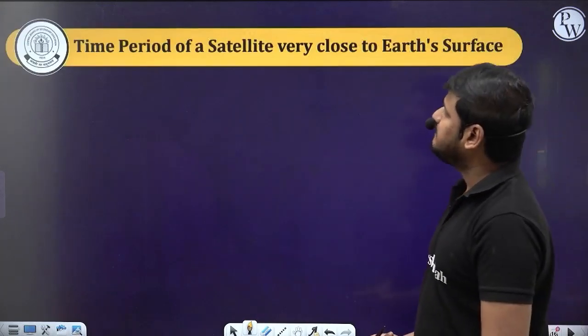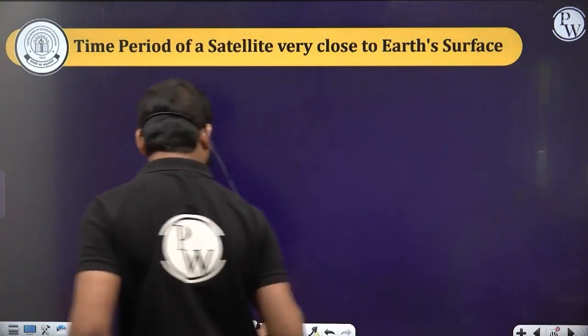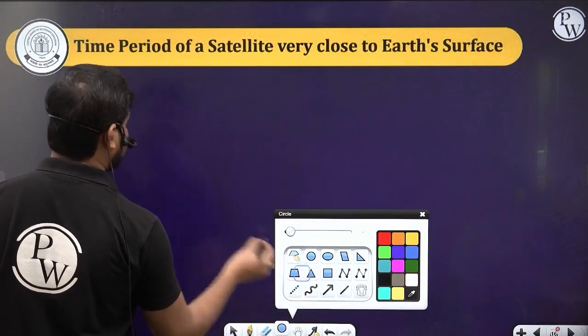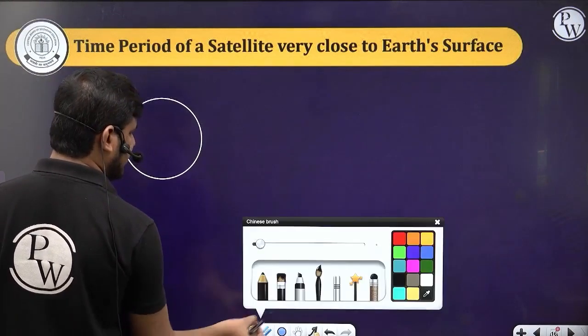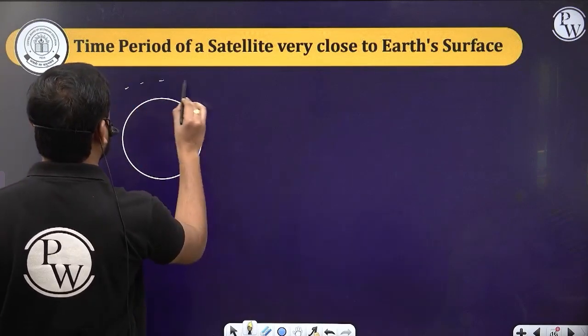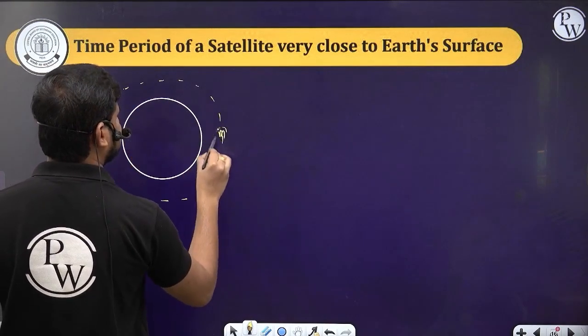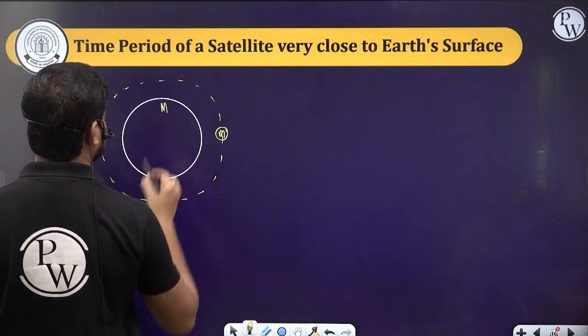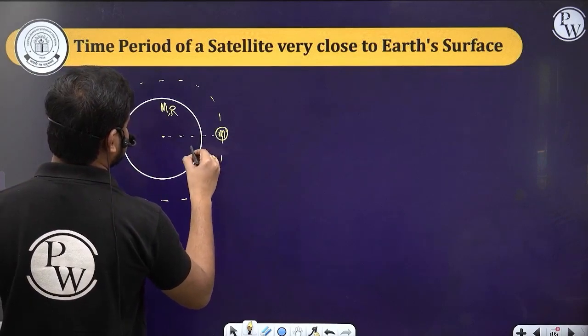Now the time period of the satellite very close to the earth surface. See here, the same concept. Let's say this is the earth, and the satellite is very close to the earth surface. This is a satellite of small m mass, and this is the earth of mass M and radius R. Now here this distance is small r.